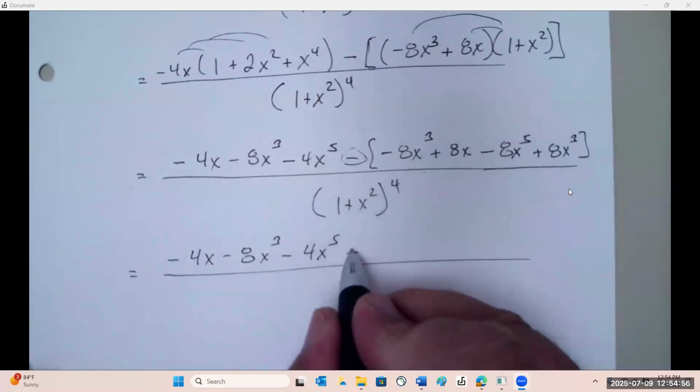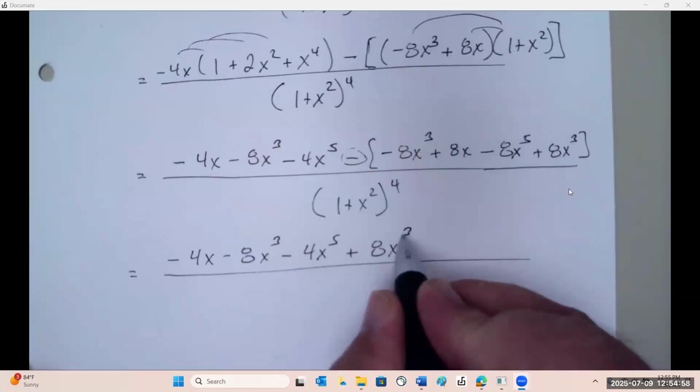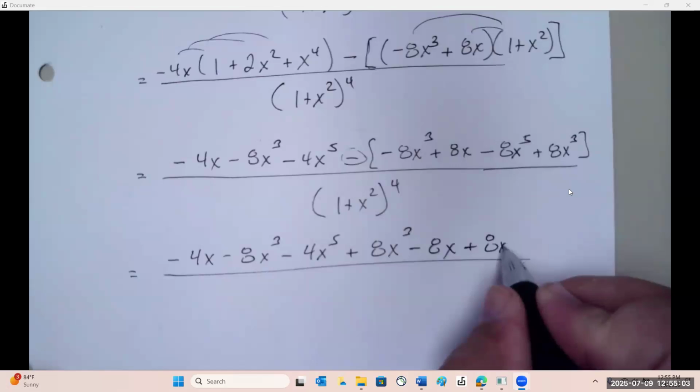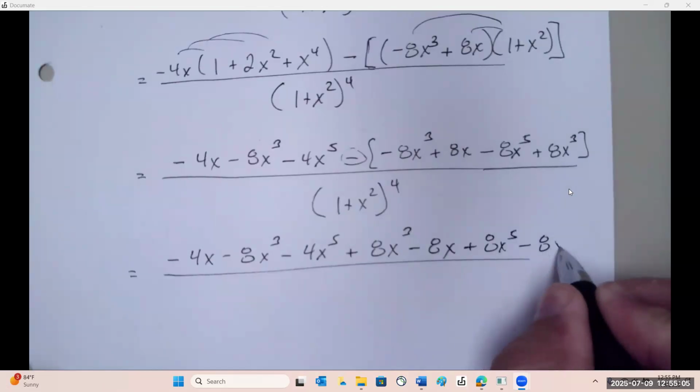Change all the signs inside there, so it's plus 8x cubed minus 8x plus 8x to the fifth minus 8x cubed.